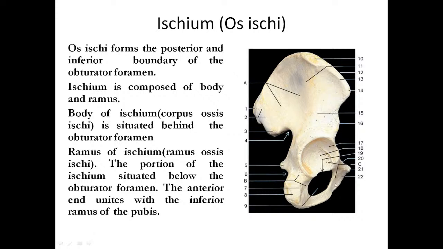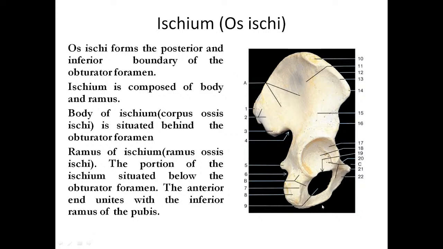Body of the ischium, corpus ossis ischii, is behind the obturator foramen. Ramus of ischium, ramus ossis ischii, is the portion situated below the obturator foramen.